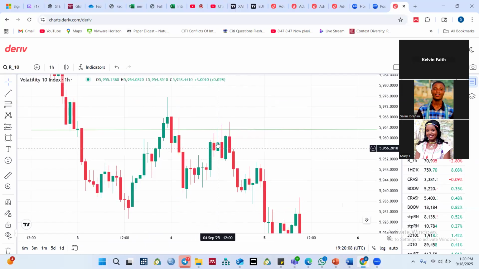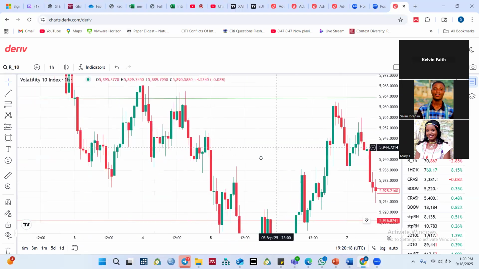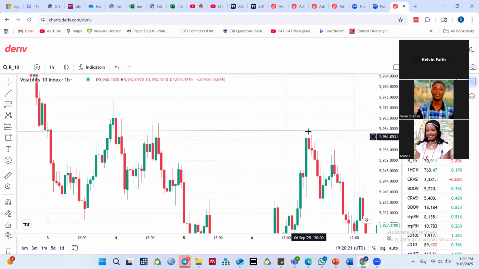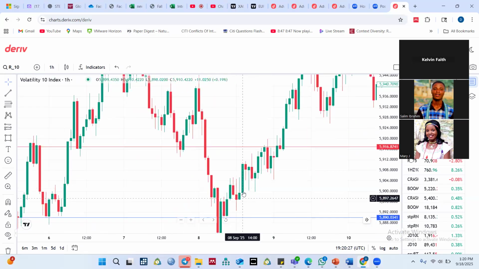Then price comes back to it. You see the way it kept rejecting off that line, and price below it was still selling from there. Then in future, price comes up again to it, sells around that, then comes down.